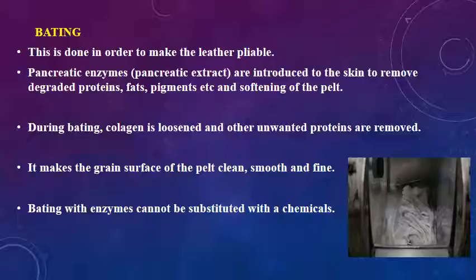This makes the collagen more fit for the actual tanning reaction and converting to leather. It makes the grain surface of the pelt clean, smooth and fine. Baiting with enzymes cannot be substituted with chemicals. This is possible only by using enzymes. Nowadays there are better pure synthetic enzymes available. Otherwise crude pancreatic extracts are used for this purpose.